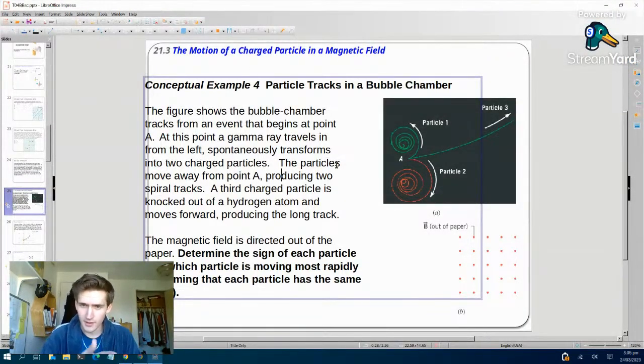Particle 2, out of the page, downwards. So it moves left.